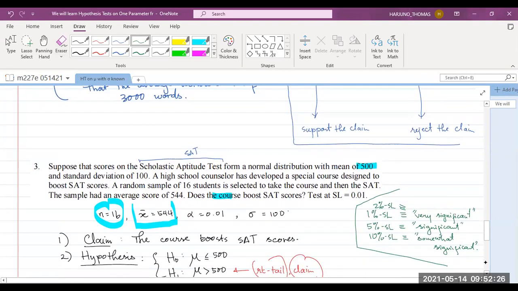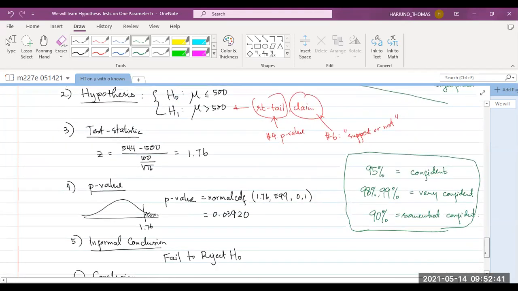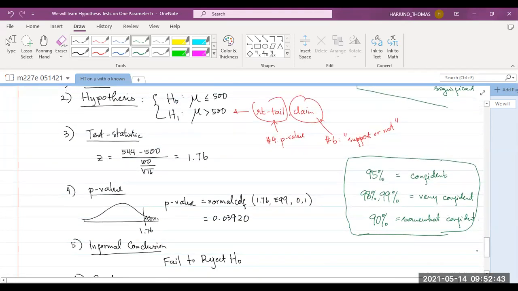Let me say it again. Significance level, if it is not explicitly said in a question, then we use 5%. In a confidence interval, if the confidence level is not explicitly said, then we use 95% by default.